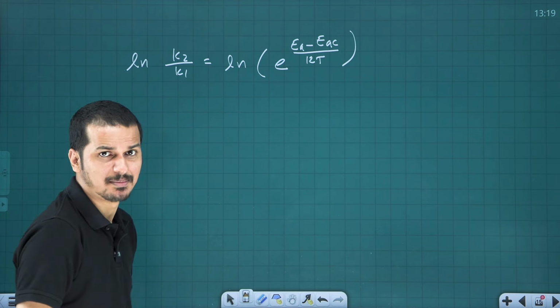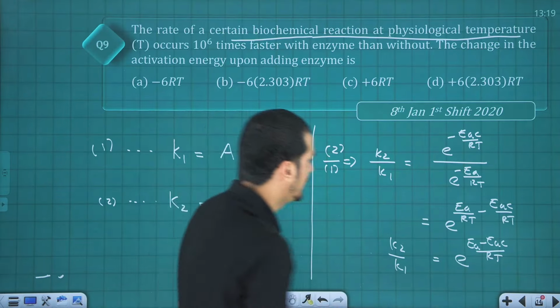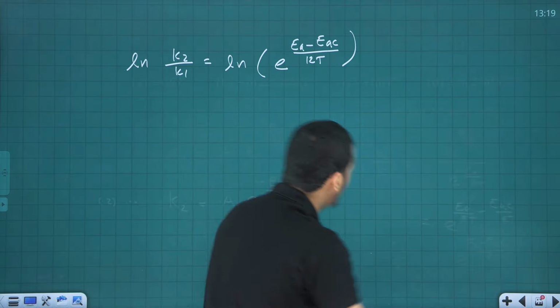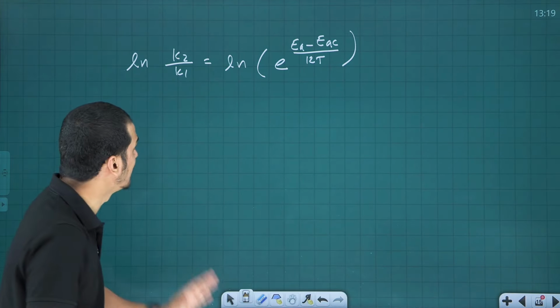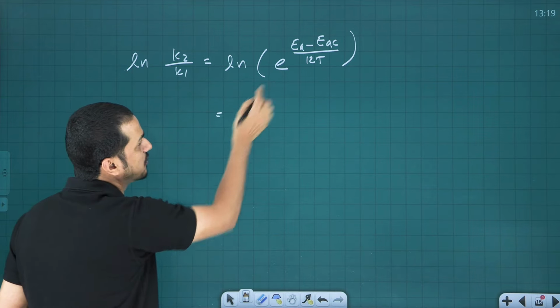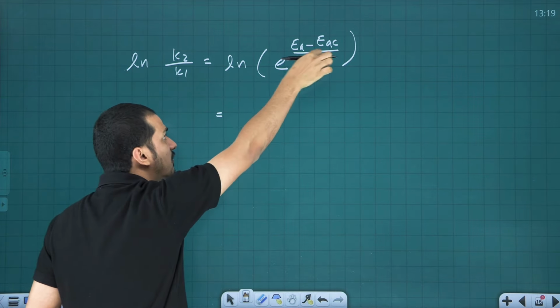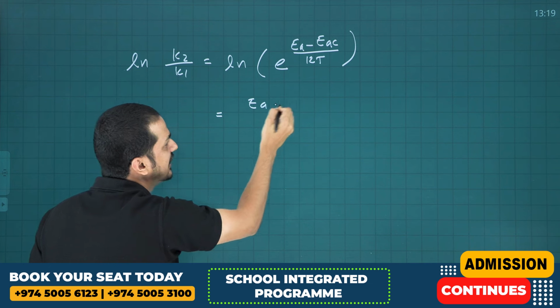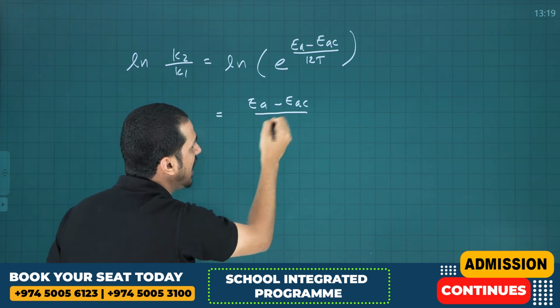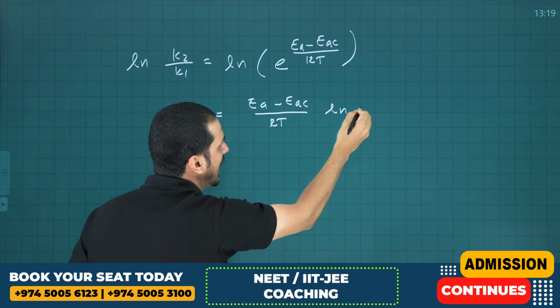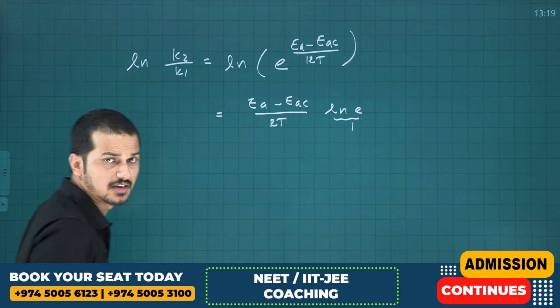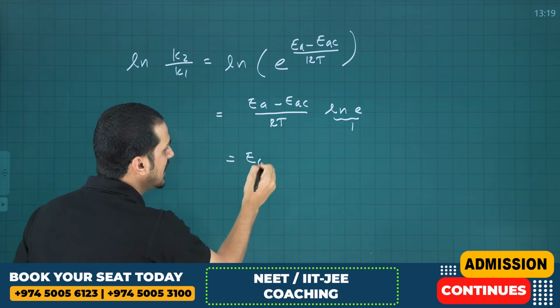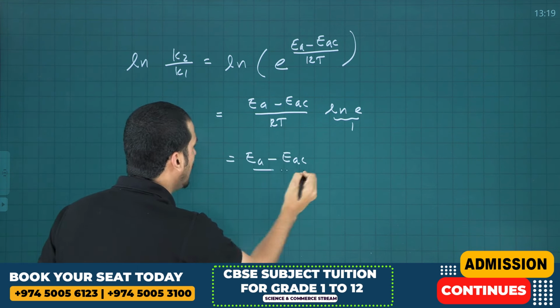Now listen to me carefully. Since this is ln of e raised to something, that power will come out. So we can write it as EA minus EAC by RT into ln e. ln e is 1, that we know, guys. So the remaining is only EA minus EAC by RT.